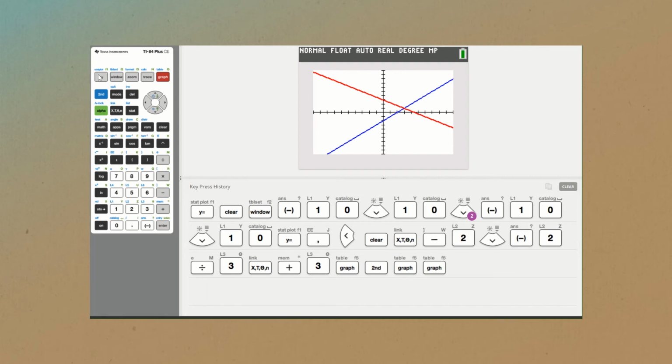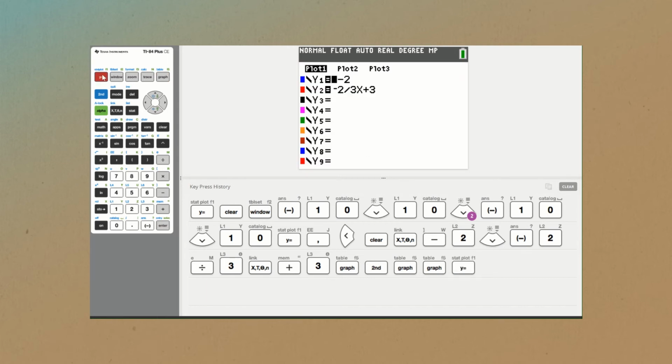Now, just for fun, let's go graph that second set that we already said is going to have infinitely many solutions. And what we should see on this graph is that they're going to be the same line. The lines are just going to lie on top of each other. So y equals negative 2x minus 3.